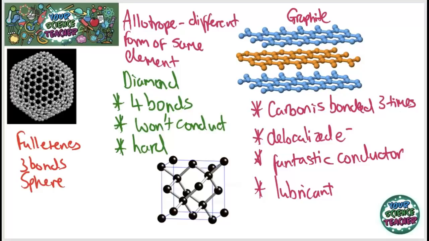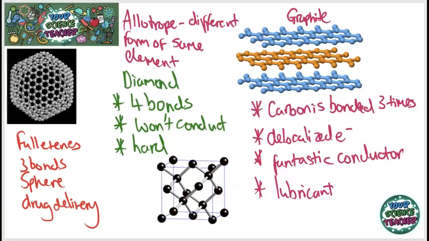It will conduct electricity due to the 3 bonds per carbon, so it has delocalized electrons. But due to its spherical structure, it can be used in drug delivery around the body. So you can put a drug inside a fullerene and it will go to the specific part of the body that you would like it to be.